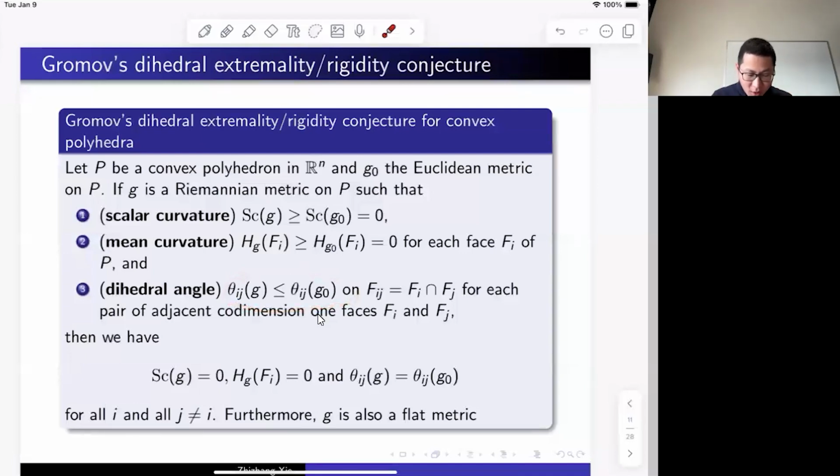Then the extremality says the scalar curvature of the new metric also has to be 0. The mean curvature for the faces of the new metric also has to be 0. And the dihedral angles for the new metric have to be the same as the corresponding dihedral angles of the original metric. The rigidity says, in fact, the new metric also has to be flat. So that's Gromov's dihedral extremality and rigidity conjecture.